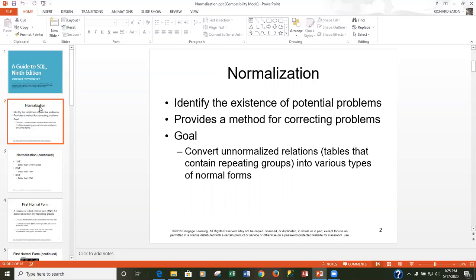And then when they find out that their design has issues, they're not really willing to give up all that time they spent, and so they just deal with the issues as best they can. So it's really important to learn properly functional dependence and the first three normalization rules.